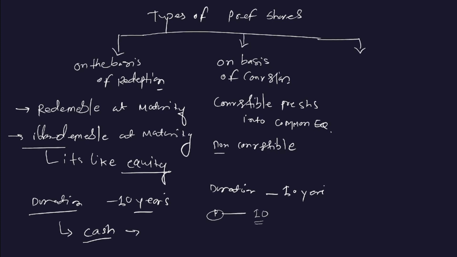Let's say preference equity has a value around 100 and common equity value is around 10. So you will receive 10 common stocks in your account at the time of maturity. There is no impact on value. Value will remain the same whether you receive 10 equities or one. So there is no change in value that you will receive after the 10 years. As simple as that.